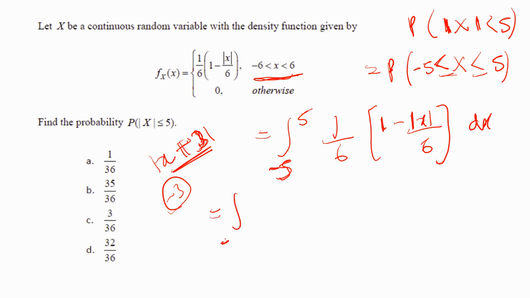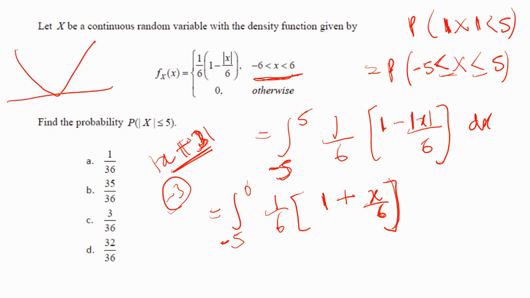So it will be the integral from minus 5 to 0 of 1 upon 6 times (1 plus x upon 6), because it changes its sign like this. Before 0 it is minus x, so it will be minus minus plus.